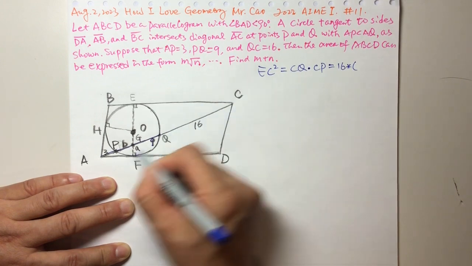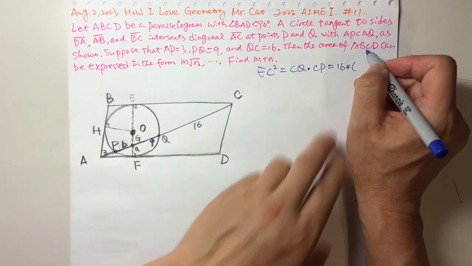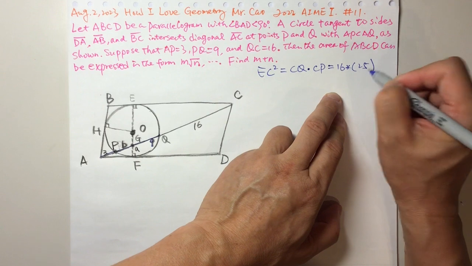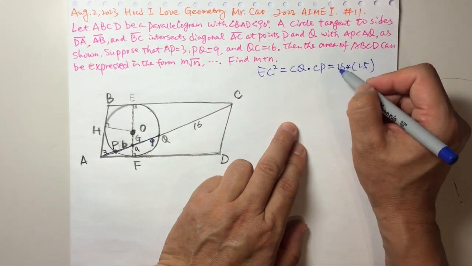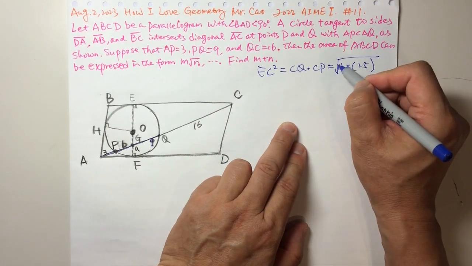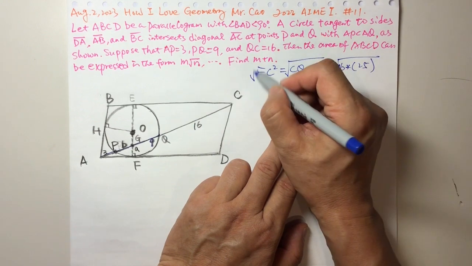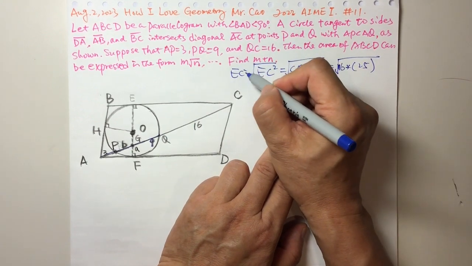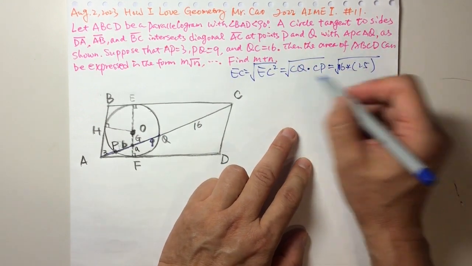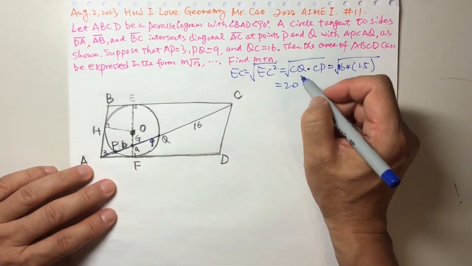So 16 plus 9 is 25, so we get the square root of 16 times 25, so EC equals 20.